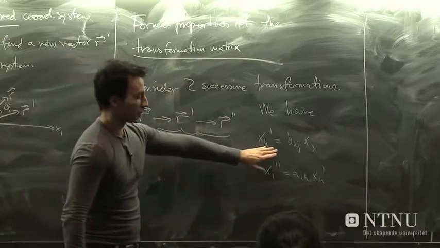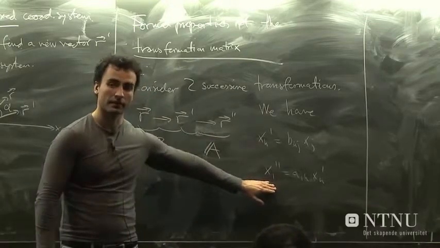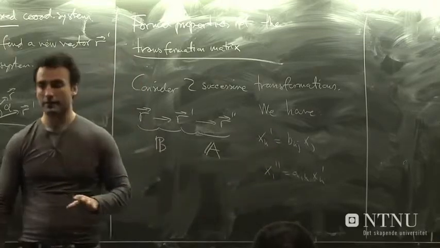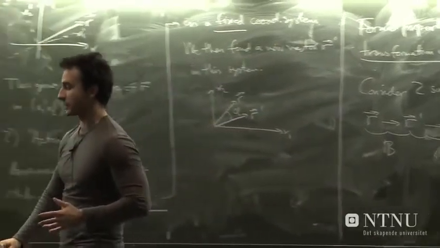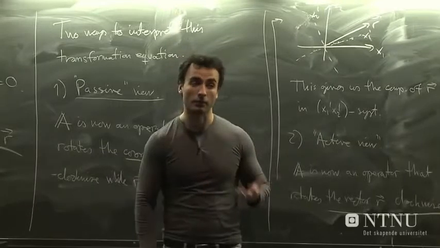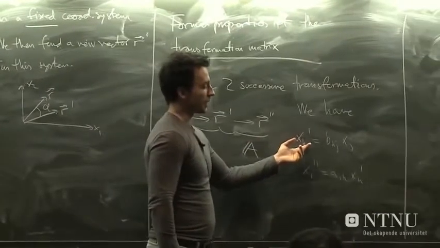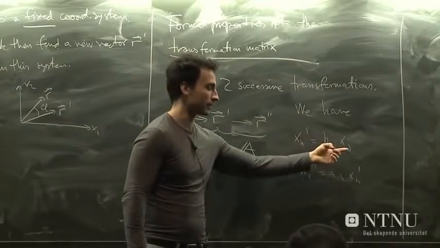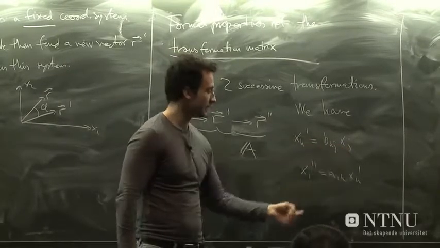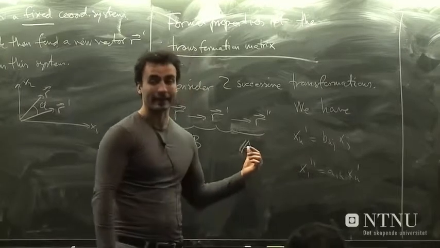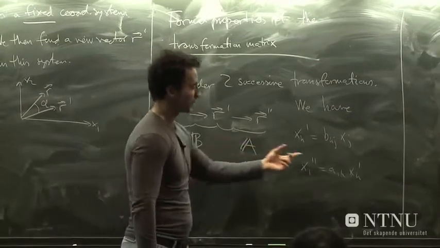We then have the following equations, which are just the matrix equation here, written out in component form. So x prime is obtained by letting B operate on the unprimed vector, and x double prime is obtained by letting A operate on the primed vector.